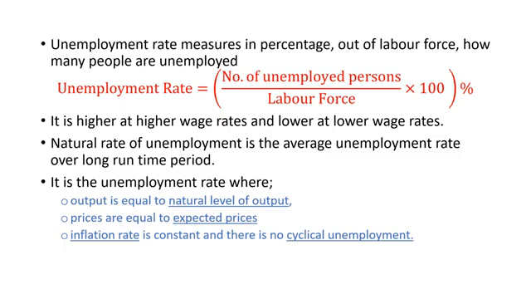However, to understand it fully, we need first to understand what is natural level of output, what are expected prices, what is inflation rate, and what is cyclical unemployment. We shall cover these concepts later on.